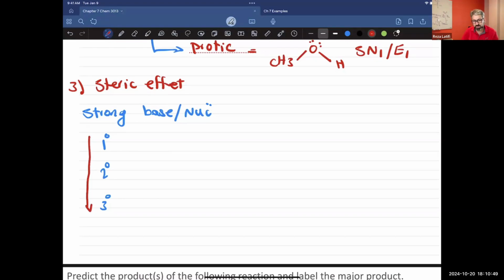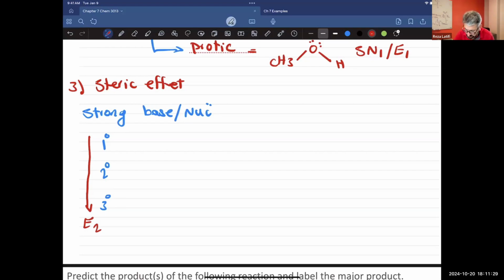As we go down, elimination will be favored, and the third one will have mainly elimination. Because we have a strong base or strong nucleophile, this is going to be E2. As you go from primary to tertiary, you will mainly get E2 products.